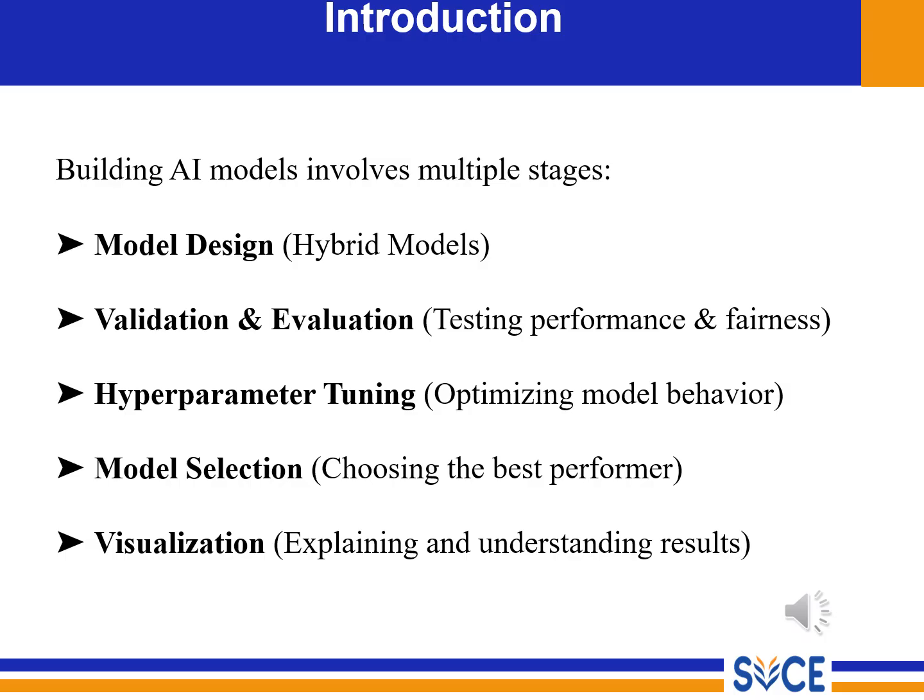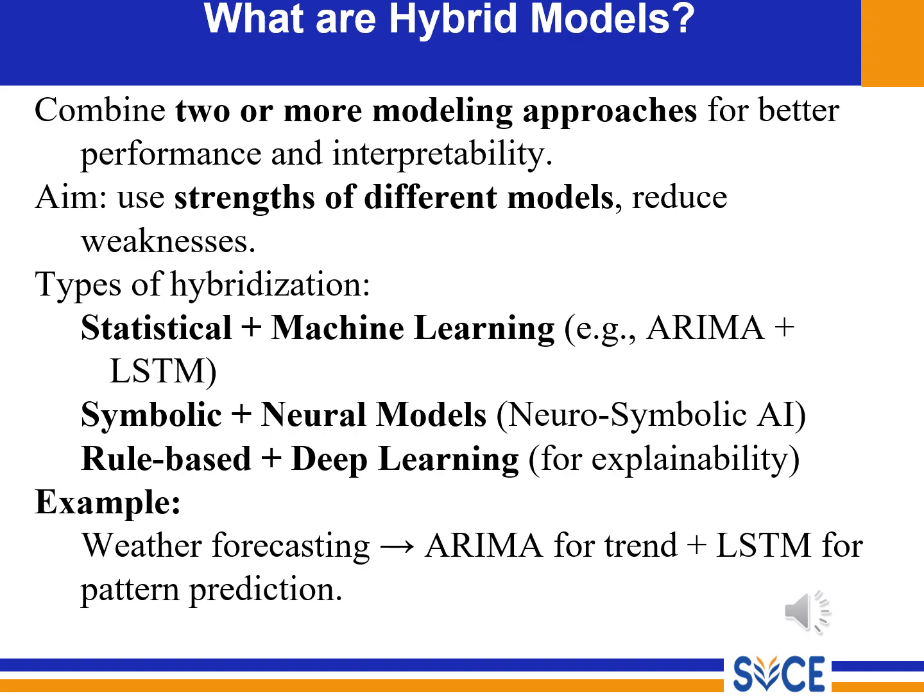Now let us start with the first major concept, hybrid models. What are hybrid models? Focus here. A hybrid model means combining two or more modeling approaches to build a better AI system. Why do we need this?